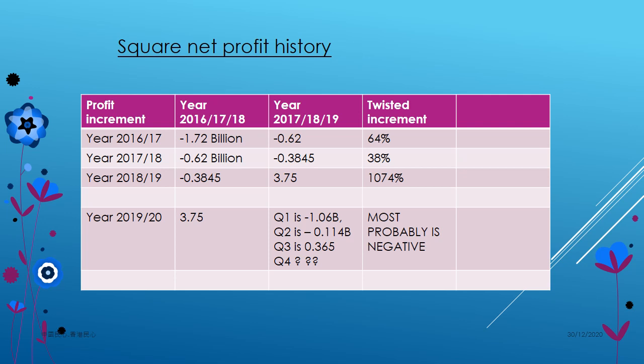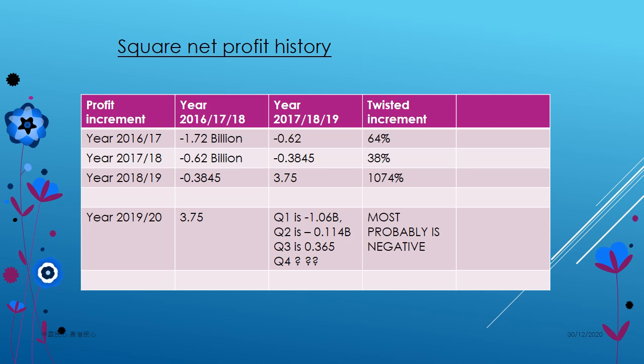So let us see Square's net profit history, which you can check easily on the internet. I have recorded them in the table so you can see. Since 2016, it still lost. In 2016, it lost 1.72 billion.